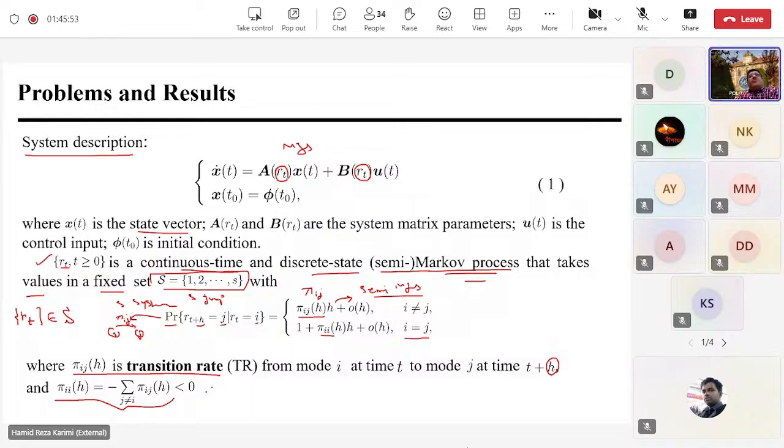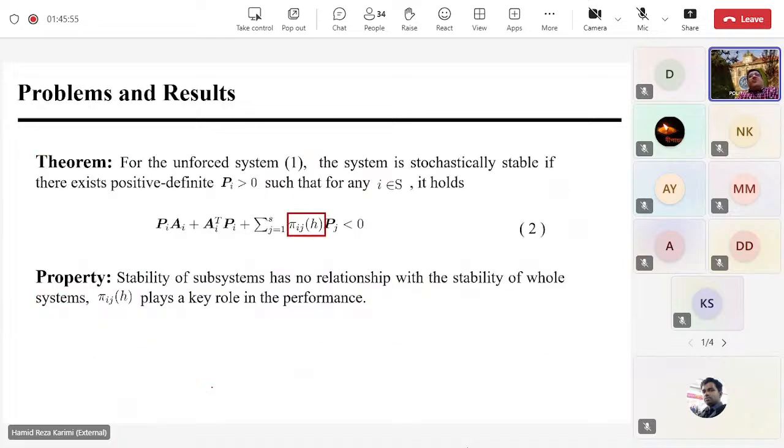Okay, so we have proved some theorems for stability. For this system, the system is stable if there exist some matrices P_i such that this condition can be satisfied. This condition is the stability condition: P_i transpose P plus the summation over j from 1 to S of pi_ij P_j. So what is the problem here? The problem is h.